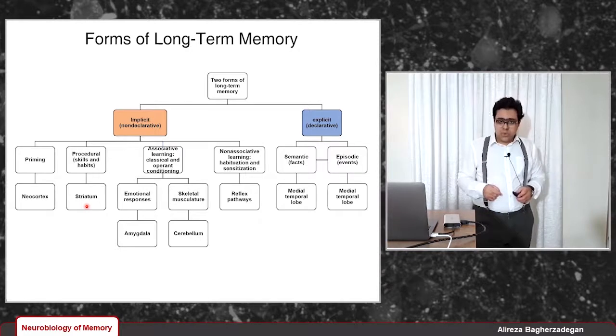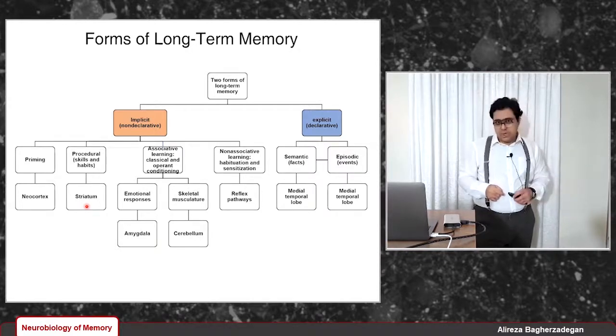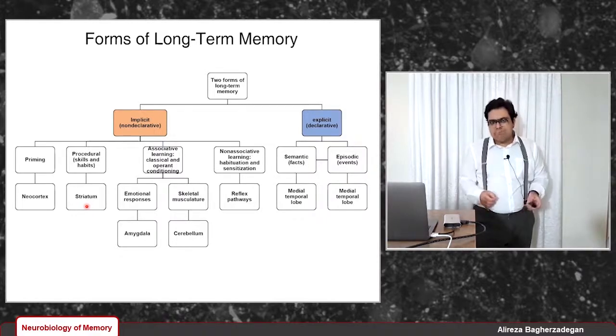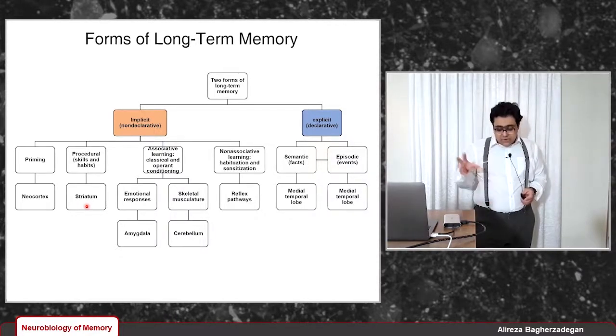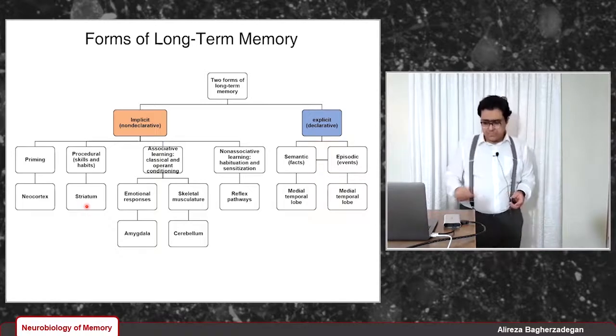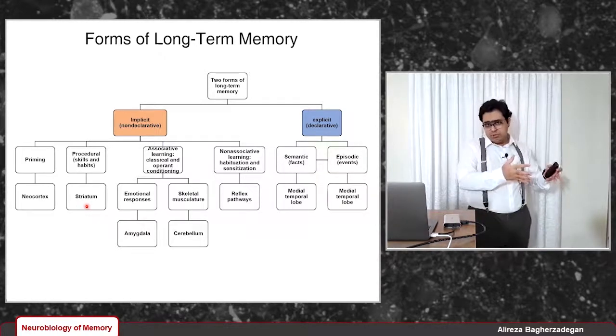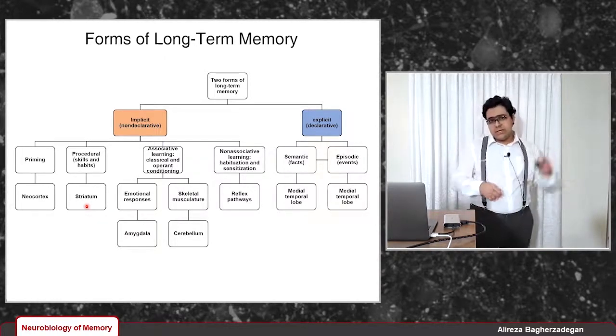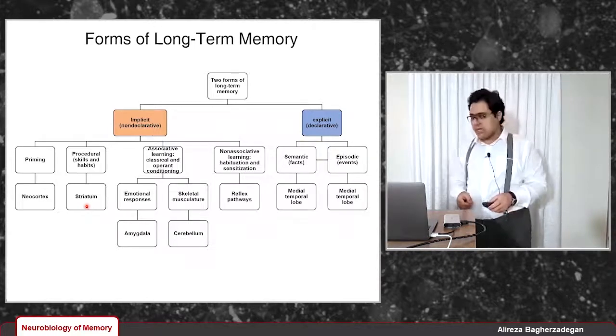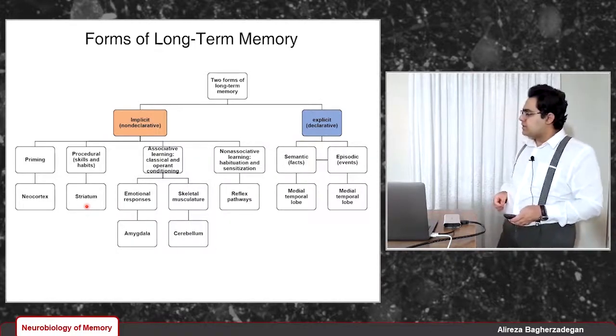As I practice more and master riding a bike, I can almost ride unconsciously, automatically, while I'm thinking about something else. So this is very important. First it's conscious, then when you practice and master it, it becomes unconscious. It's controlled by the striatum.